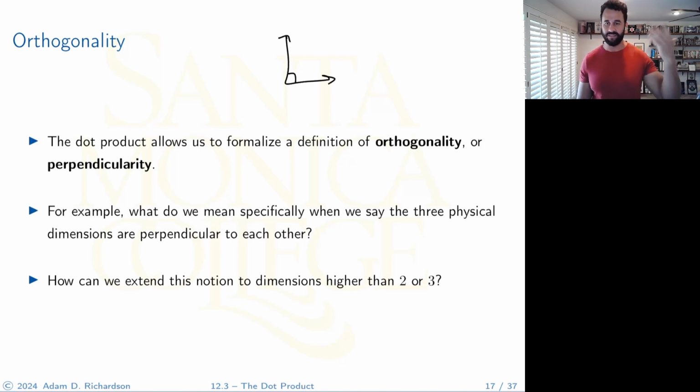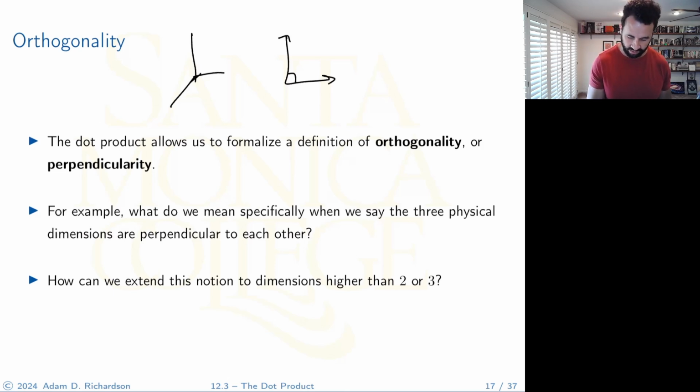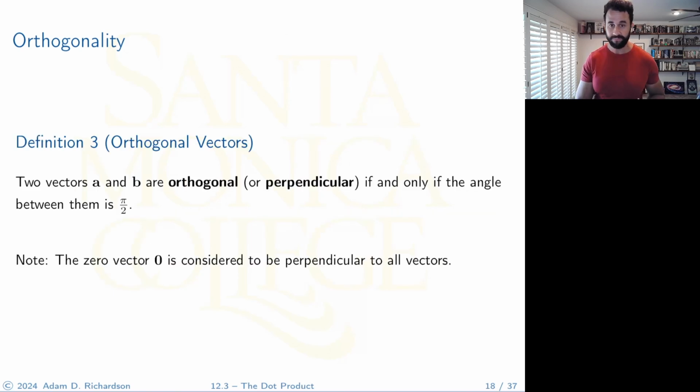Even in 3 dimensions, it's not so hard, right? That's perpendicular, that's perpendicular, that's perpendicular. Every one of those axes is perpendicular to the other 2, right? Okay, how do you extend that to 4 dimensions, or 5, or 6, or any number of dimensions? This is where the dot product comes in handy, because the dot product lets you define orthogonality.